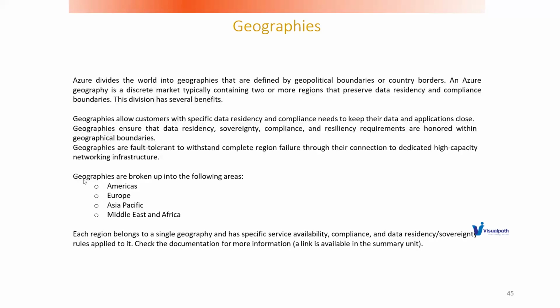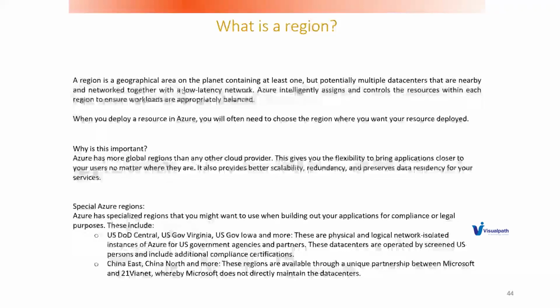See here, Azure divides the world into geographies that define the geographical boundaries or country borders. An Azure geography is a discrete market typically containing 2 or more regions. The geographies are Americas, Europe, Asia Pacific, Middle East, and Africa. These are your geographies, and these are the regions that we discussed.